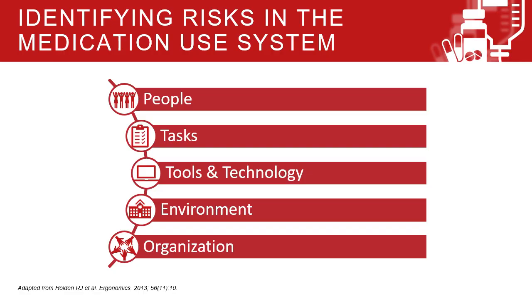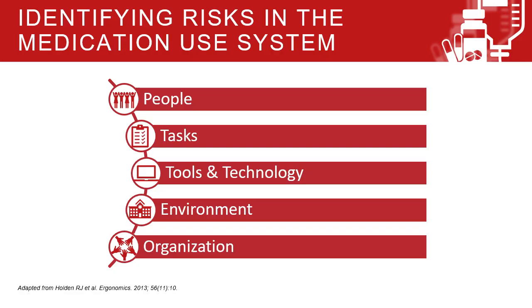The work system in the SEIPS model is made up of 5 key elements. The first is people. These are the healthcare professionals who perform tasks and includes their skills, experience levels, and workloads. The second is tasks. These are the specific activities carried out in patient care, including the complexity of that task and variability of tasks that exist across the work unit. The third is tools and technology.